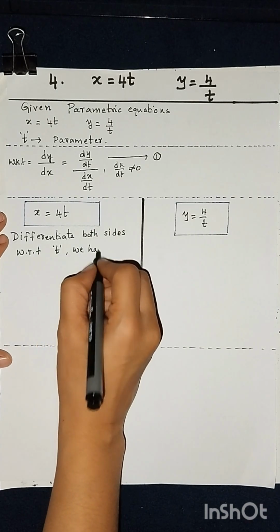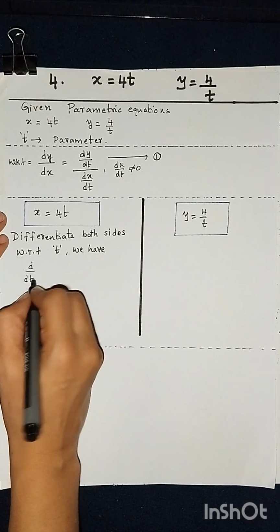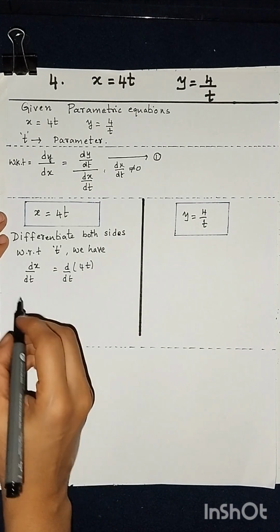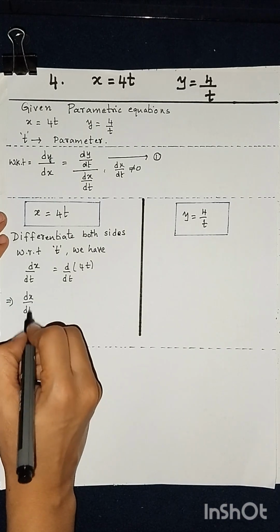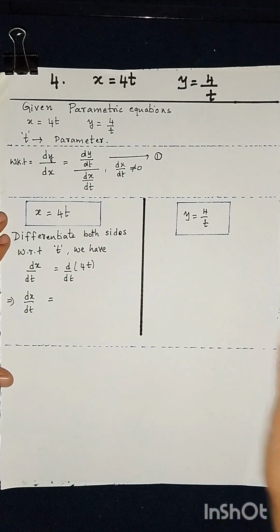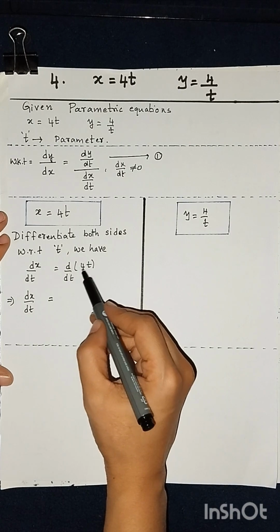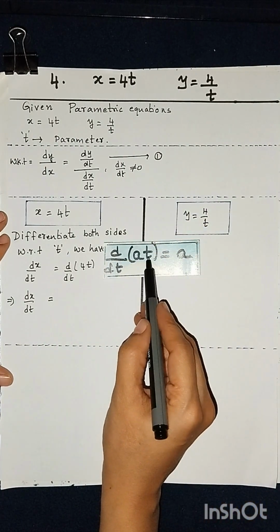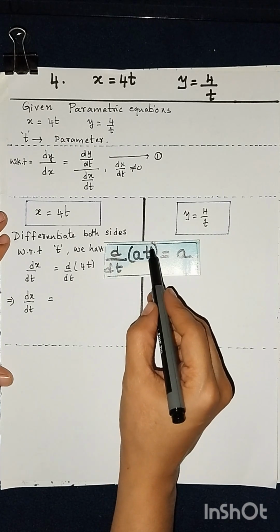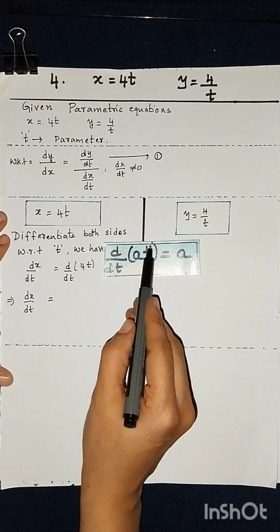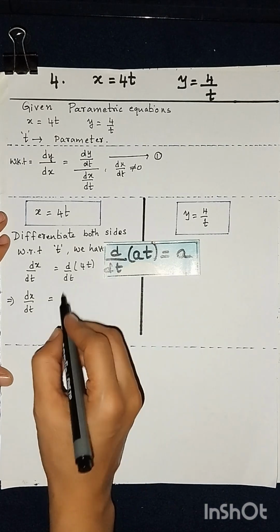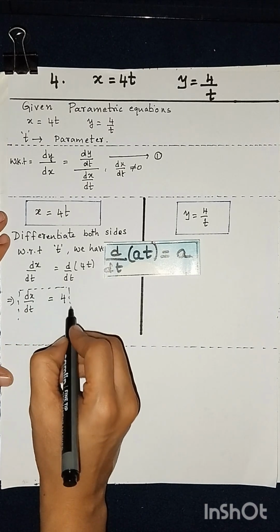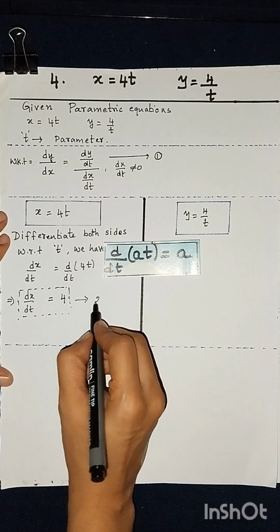We have dx by dt is d by dt of 4t. When we have d by dt of a constant into t, that is t to the power 1, we can write the constant. So dx by dt is 4. So this is 2.